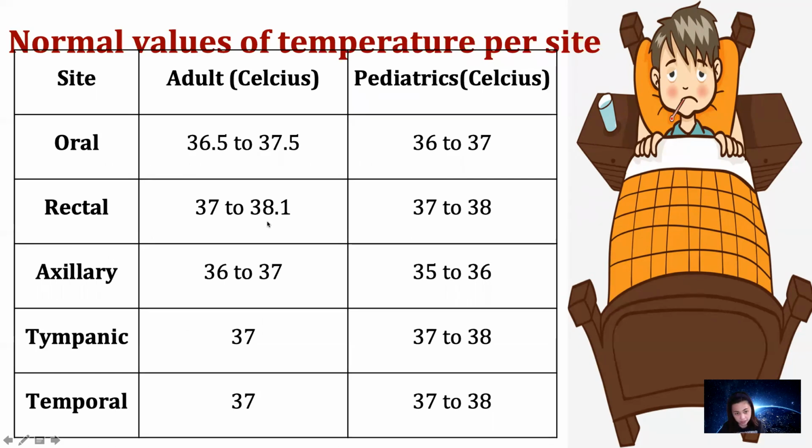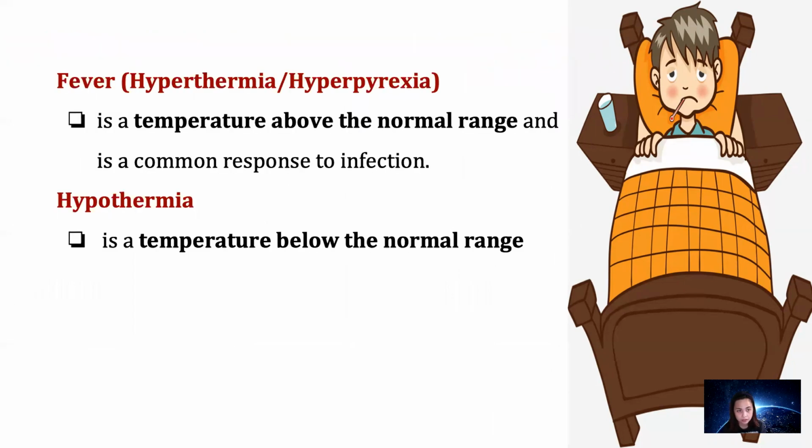So it doesn't mean if you're 38.1, you're having a fever. So it depends. Depende sa anong site kinuhanan. Dahil mas nasa loob ang rectal, mas mainit. Kaya mas mataas ang range ng normal values niya. So these are the normal values.